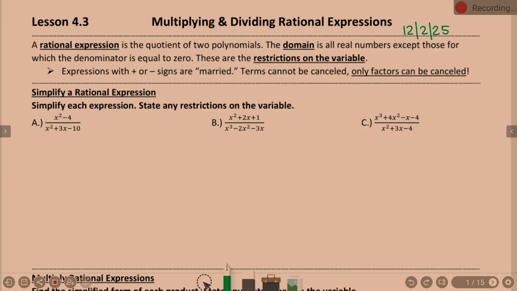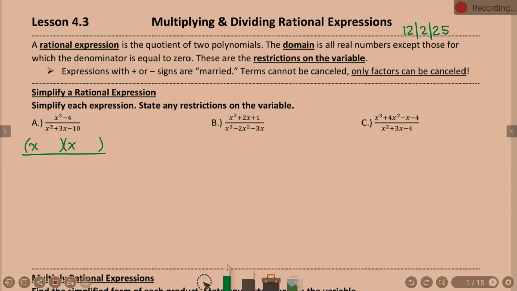So thoughts on x squared minus 4? Yeah. X squared minus 4 does factor into 2 parentheses. Does that sound familiar? X squared breaks into x and x, as it always does, right?